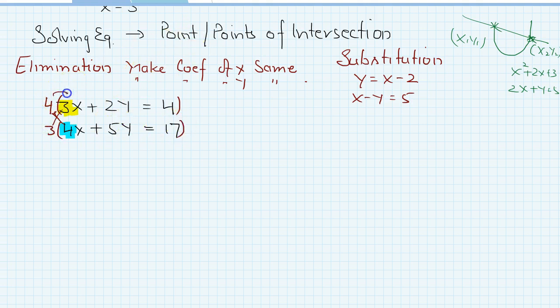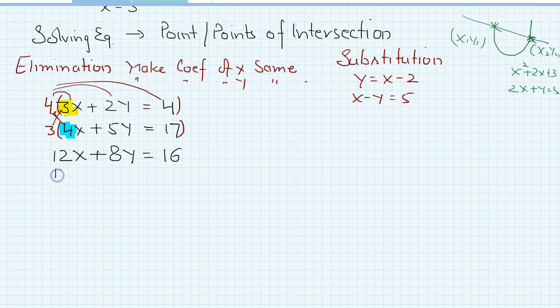Make sure this 4 is multiplied by 3, by 2 and by 4. So 4 times 3 is 12x plus 8y is equal to 16.